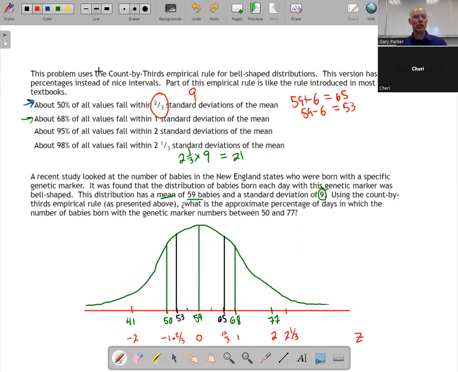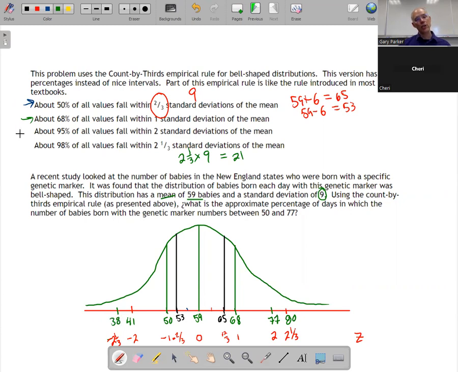So there's green. So that would be about 80, 2 1/3 standard deviations to the right. 2 1/3 standard deviations to the left, based on my scale, I'm guessing is about here. Negative 2 1/3, which would be the z-score. Z-scores count standard deviations. 59 minus 21 would be 38. Is that right? Yeah.